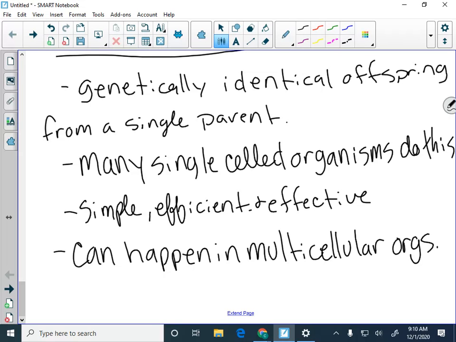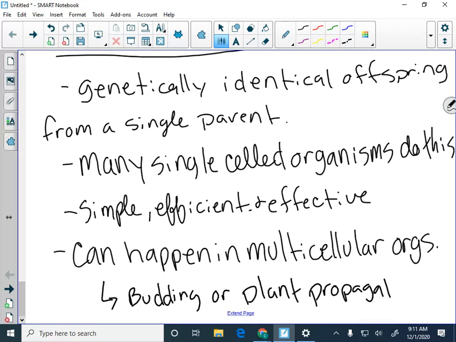It's not super common. It's mostly in plants. So this can happen through budding or plant propagation. I don't know if your TikTok feeds look anything like my TikTok feed, but there's a lot of people propagating plants. They'll go to a store, rip a leaf off of a cactus, and plant it and grow out a new plant.